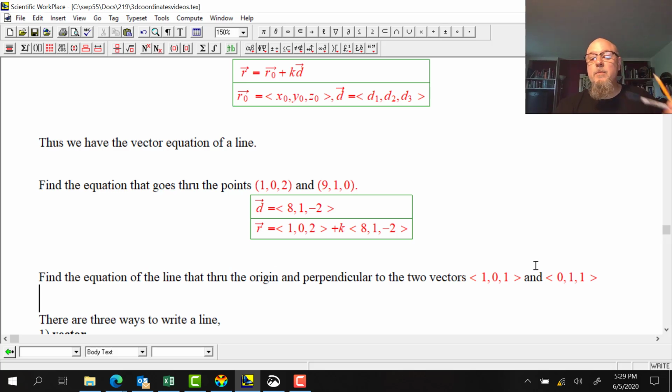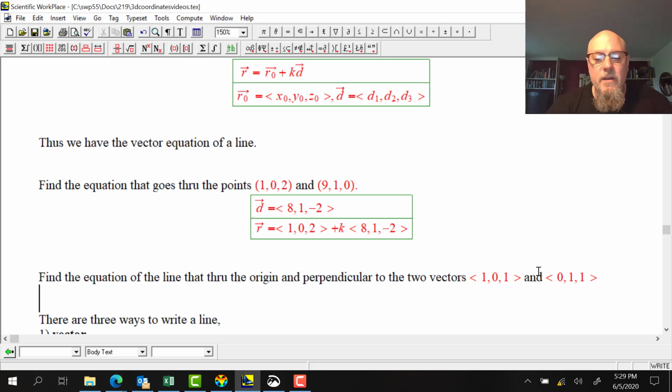The line is supposed to be perpendicular to those 2 vectors. So the direction vector that I'm talking about is the vector perpendicular to those 2 vectors. How do I get a vector perpendicular to two vectors? I'm going to cross product them. I'm going to cross product 1, 0, 1 against 0, 1, 1, and I'll get a vector perpendicular to them.